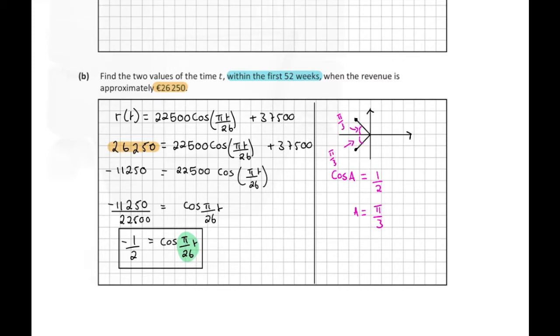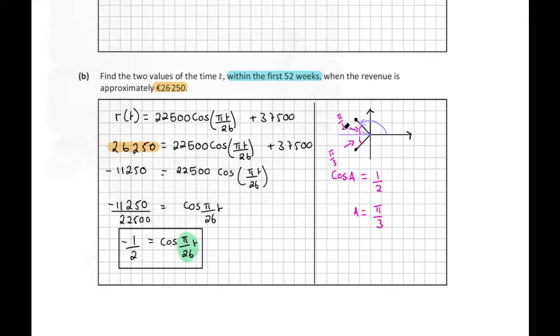Now that's only a reference angle. So remember, we still have to figure out what the actual angle is that gives a negative half. Meaning, if we were here and we swung right the way around to over here at that point, what sort of rotation would I have to do? So we use the fact that if it went the full way to this line across here, it would have done pi radians, but we've stopped short of that.